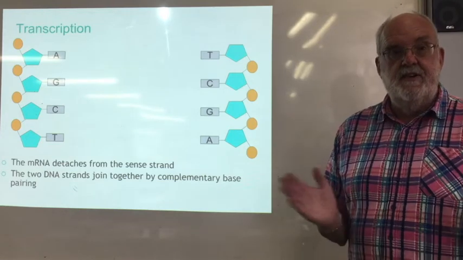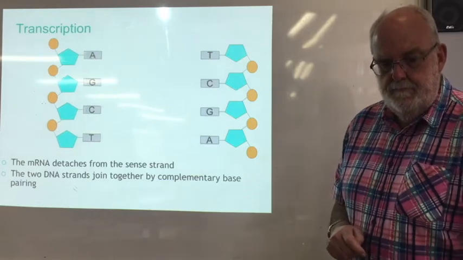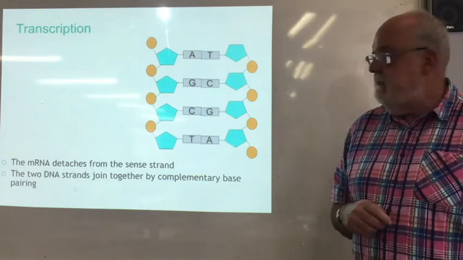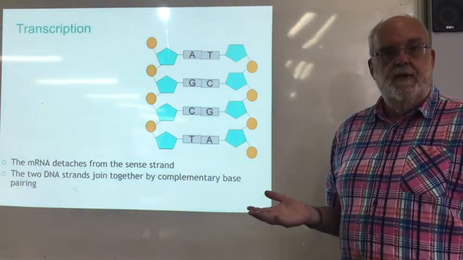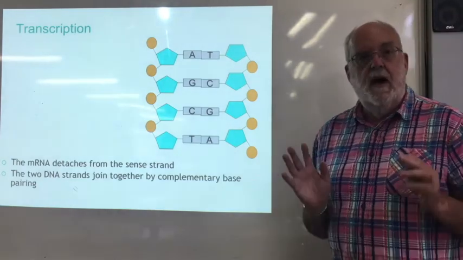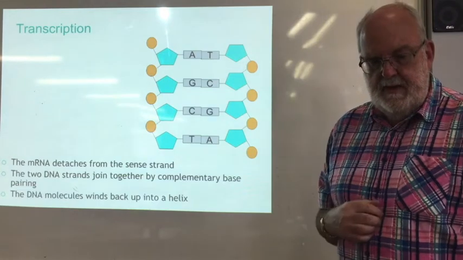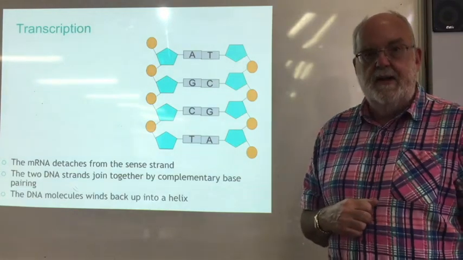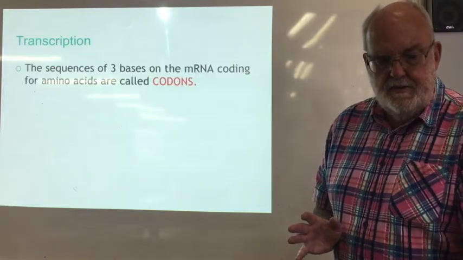So the DNA isn't destroyed, and it can be ready then for use by the next time you need to produce a molecule of protein. So the DNA remains unaltered at the end of the process. And then finally the DNA molecule winds back up into a helix. So that's basically the process of transcription.